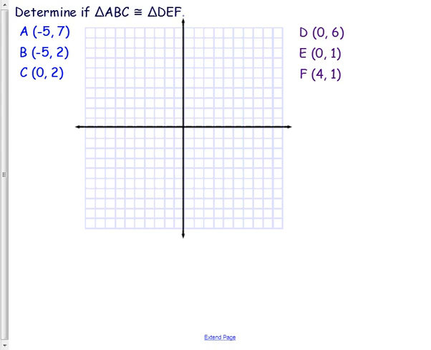Determine if triangle ABC is congruent to triangle DEF. On one of these coordinate problems, what you are going to do is plot triangle ABC and plot triangle DEF. You're going to notice you have some vertical, some horizontal sides, and then compare the triangles.